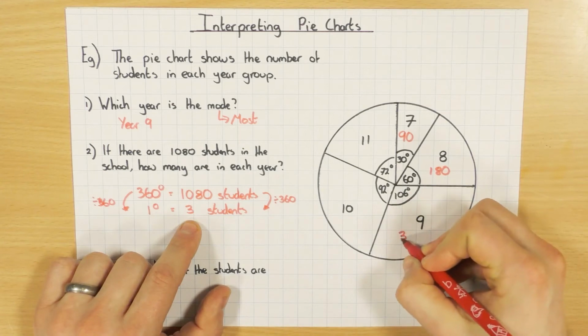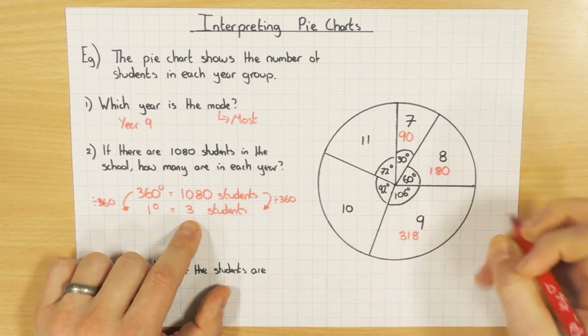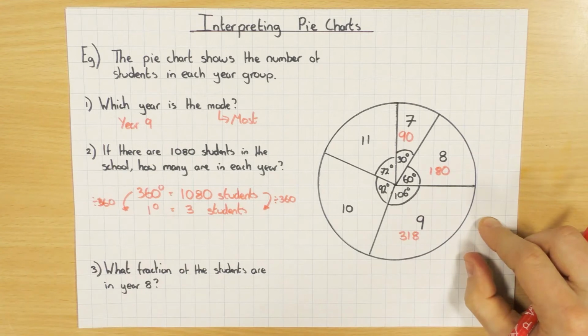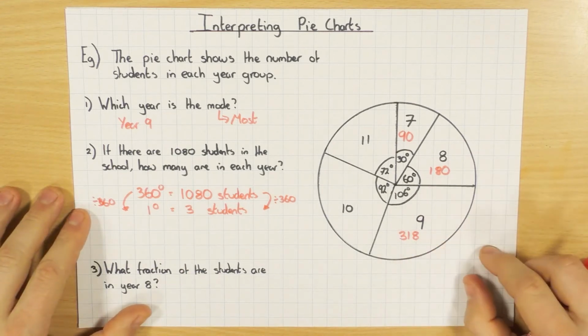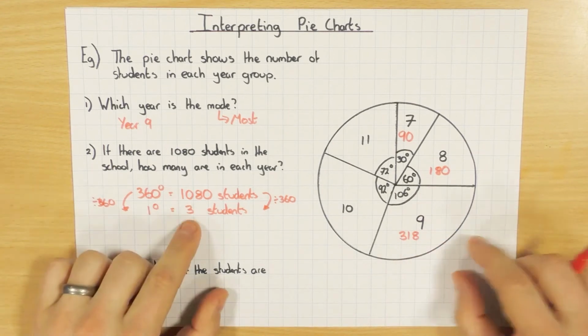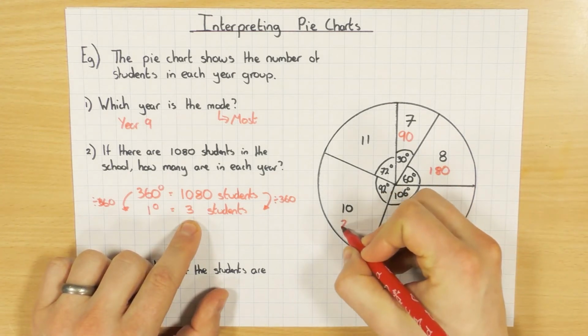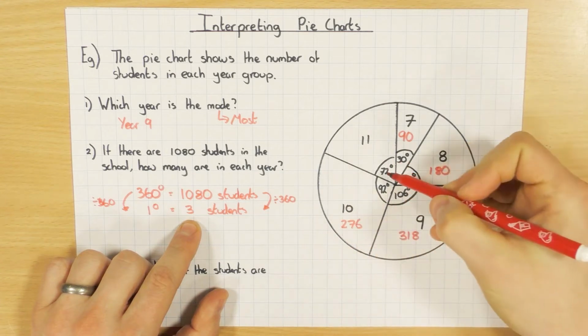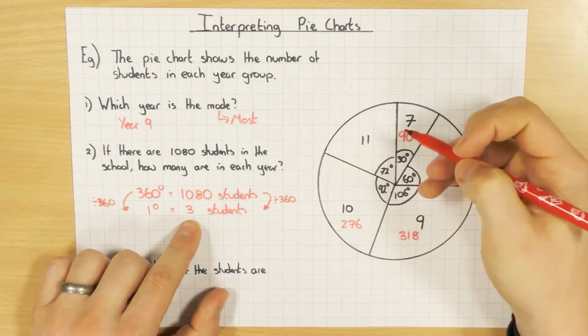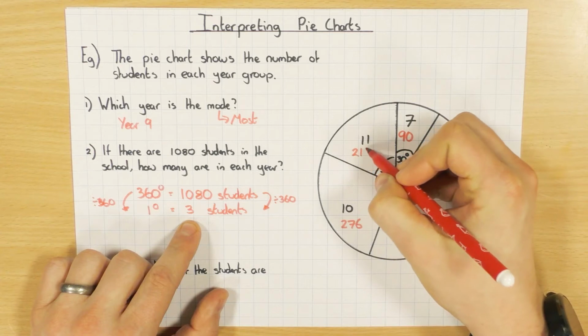Again, you can use a calculator if it's a calculator paper, or use your little pocket method. But 318 are in year 9. 3 times 92 to find out how many are in year 10. That's 276. And the last one, 72 times 3 to get you 216.